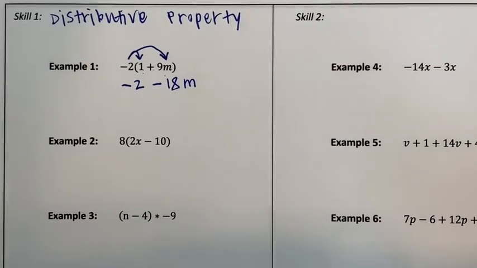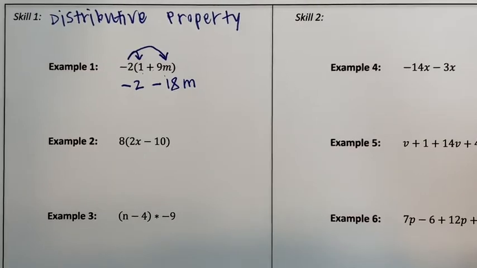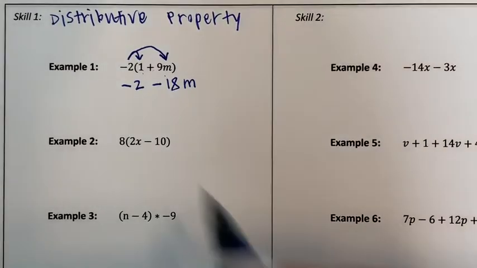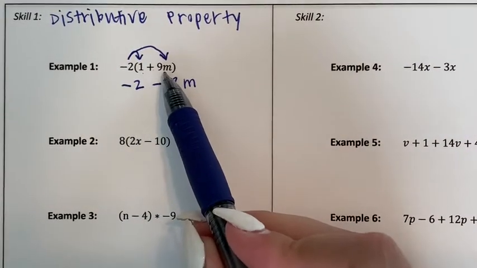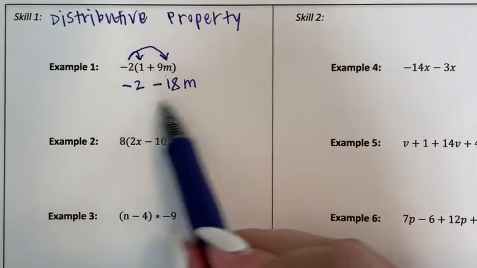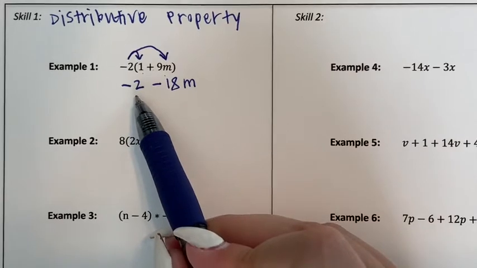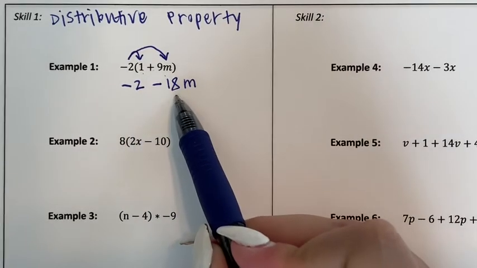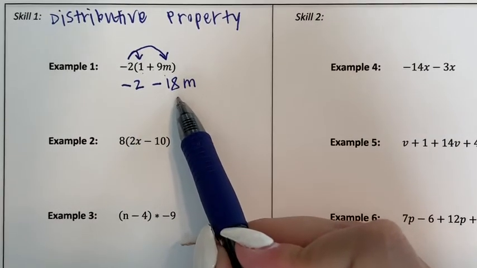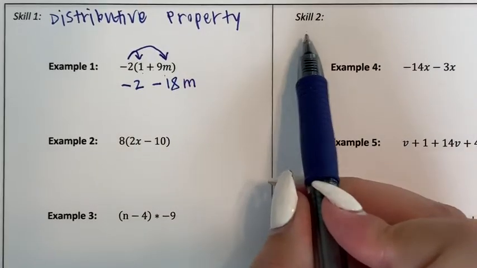You have to be very careful. Watch your signs, watch your positives and negatives. Be careful when multiplying a constant times a variable term. We have to stop here: -2 minus 18m. -2 is a constant term. -18m is a variable term. And we'll talk more about this when we get to skill number 2.